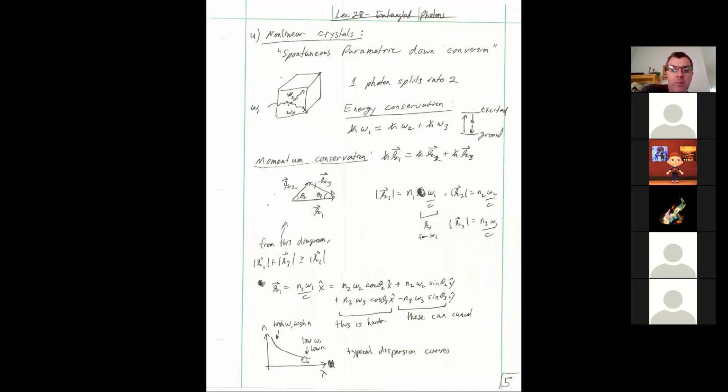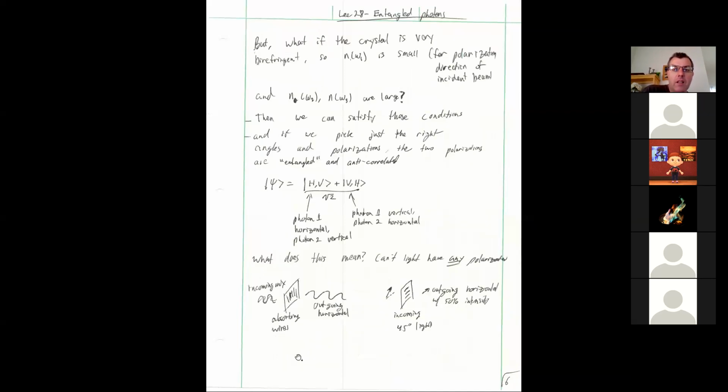And remember, we saw a lot of curves like this when we were playing around in ZMAX, looking through optics catalogs. There aren't a lot of exceptions to this rule. But what if the crystal was very birefringent and we set things up so that when the light comes in, the polarization is along the axis that gives you a small refractive index.